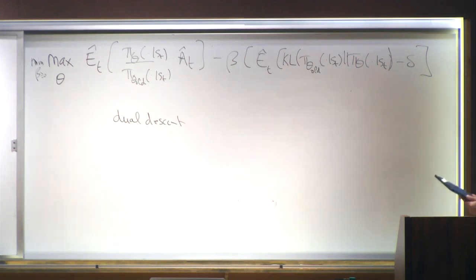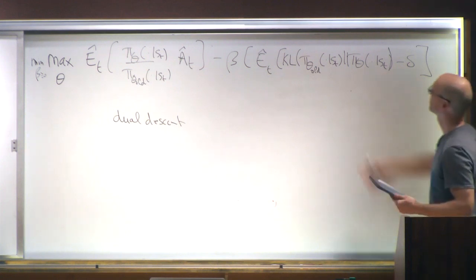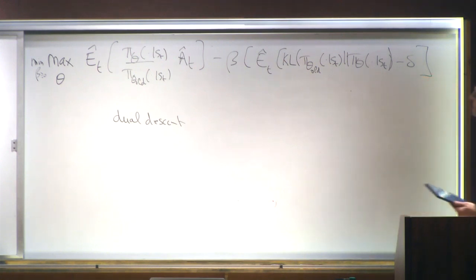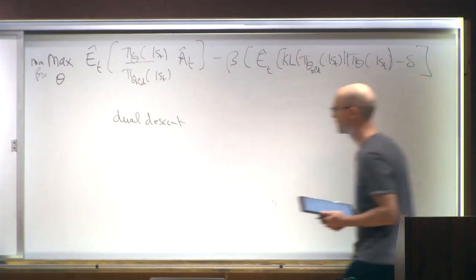Now, one reason this might still not be fully satisfactory is because this is still a bit of stuff to deal with. Can we make this even simpler? So how can we make this even simpler? Let's see.